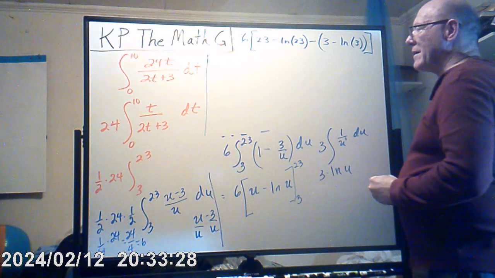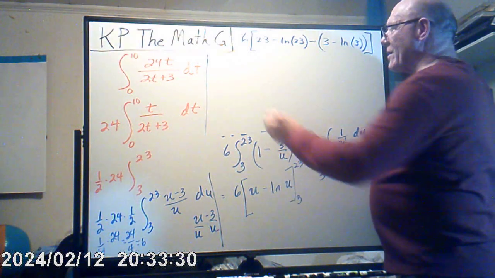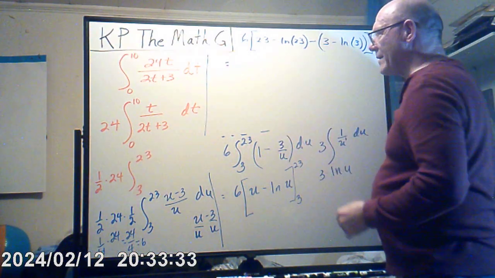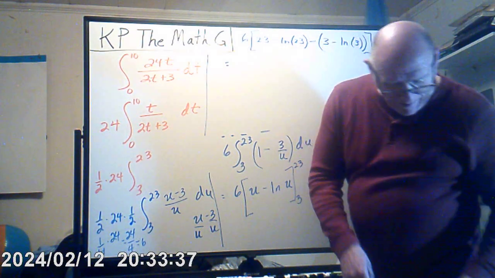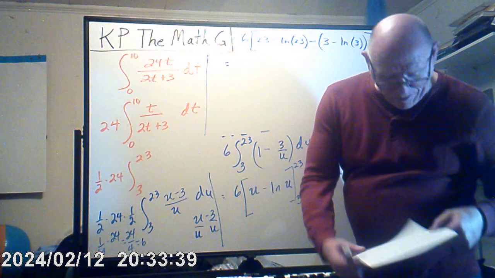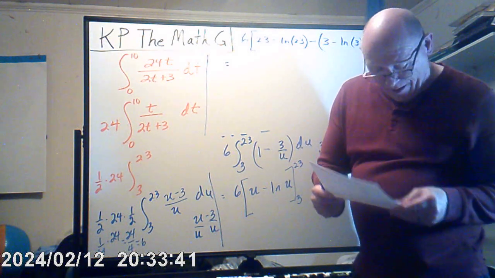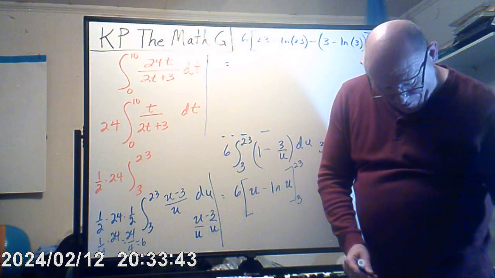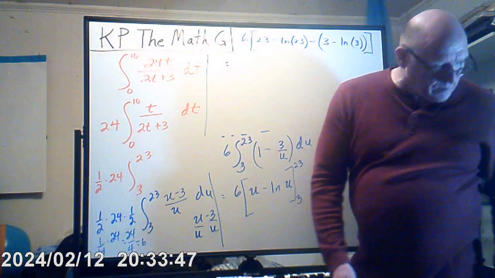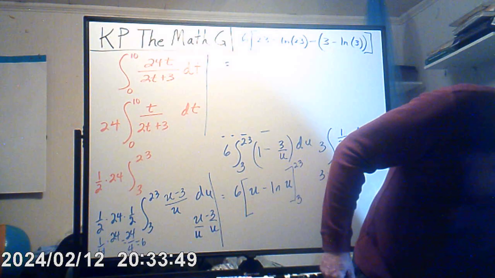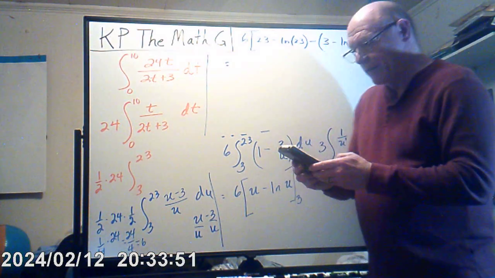If I multiply this all out, and it does work out, I will get a grand total of 83.336. I can do it on my calculator and show you that that does work.